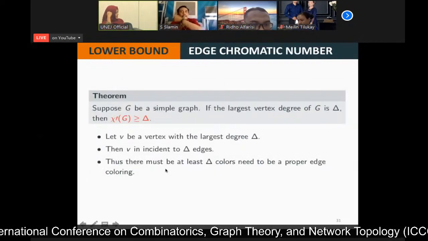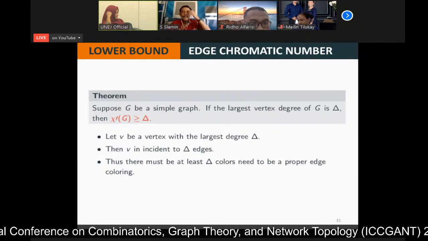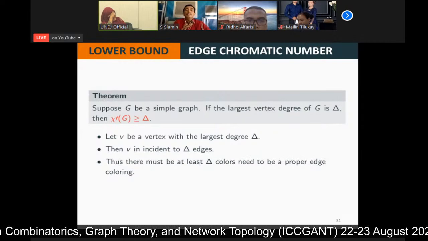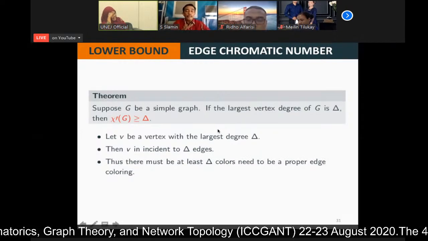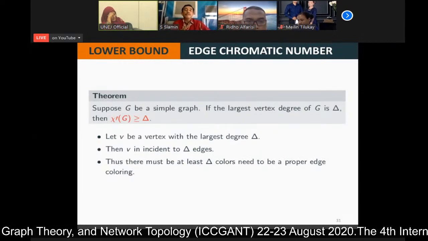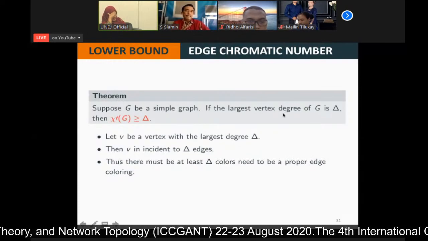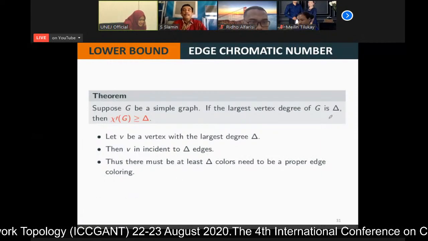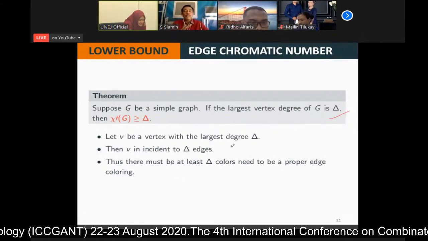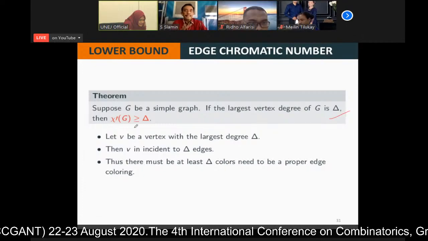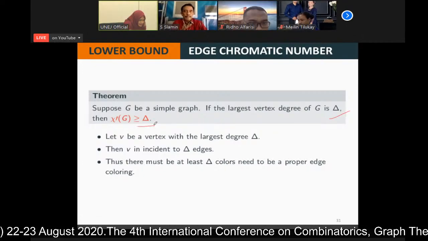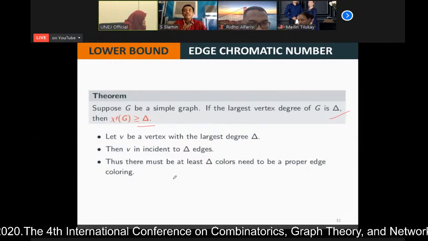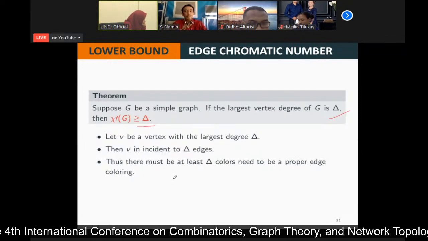Okay, the lower bound for the edge chromatic number is equal to or greater than the largest vertex degree of G. If the largest vertex degree of G is big delta, then the lower bound of the edge chromatic number is equal to big delta. You can easily prove that.